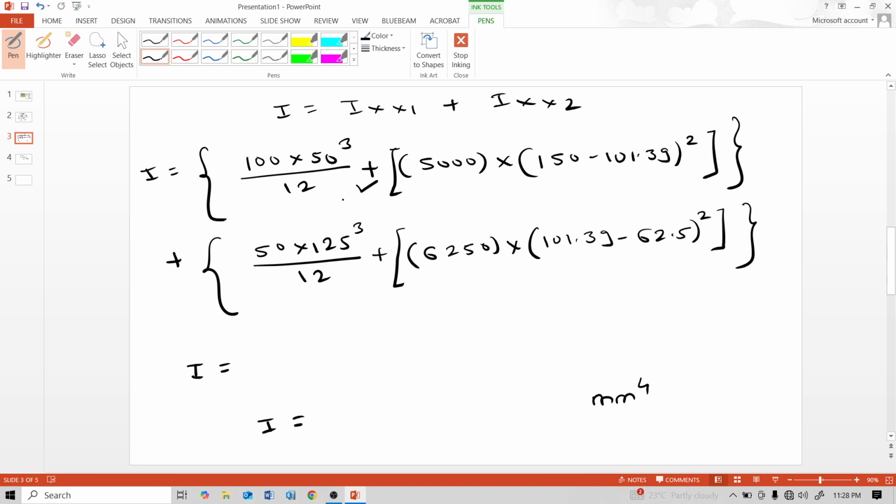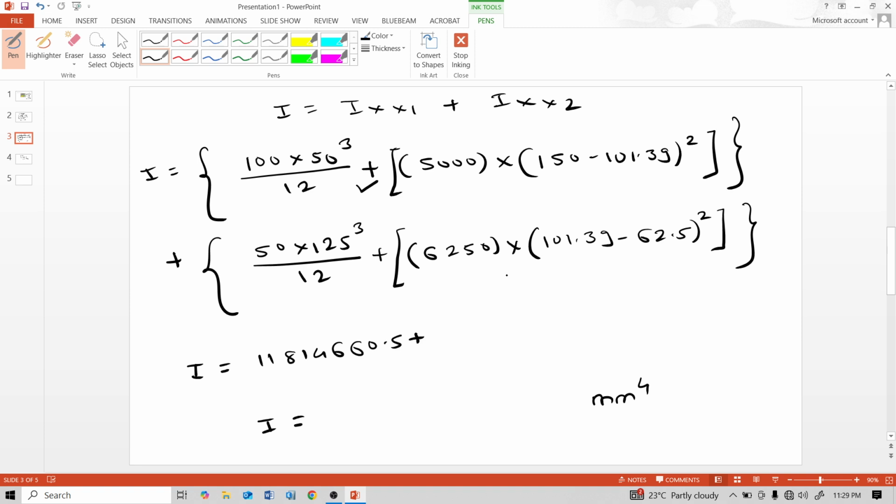When calculating, I typed a multiply sign here, and that's why the answer came out wrong. So I is equal to 11814660.5.